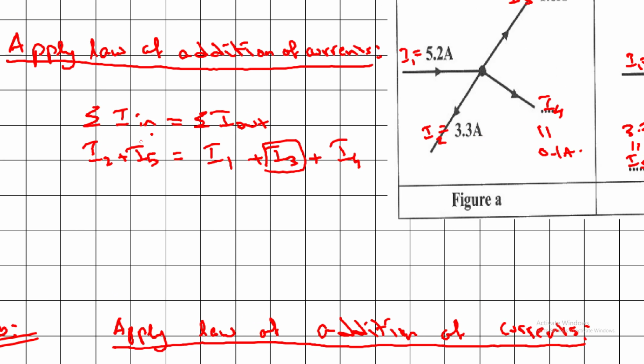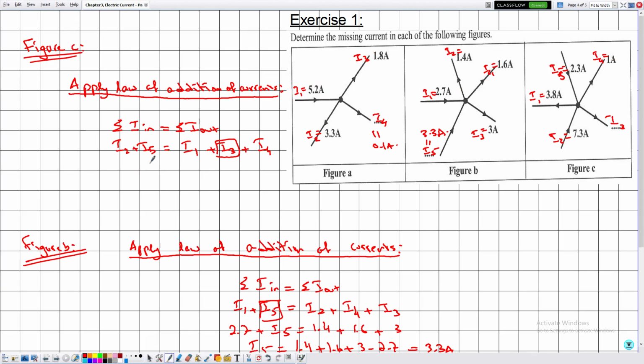What's the type of this equation? Linear equation with one unknown. I2 is 7.3 and I5 is 2.3, which is equal to I1, which is 3.8, plus I3 plus I4. The value of I4 is 1. Let me double check again: 2.3 for I5, 2.3 for I1, 3.8.